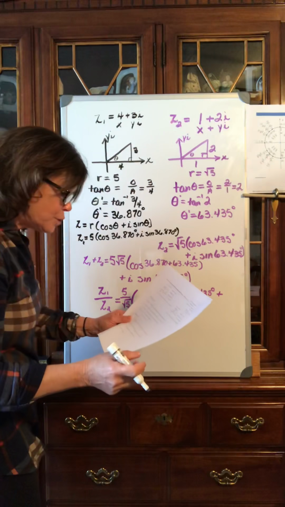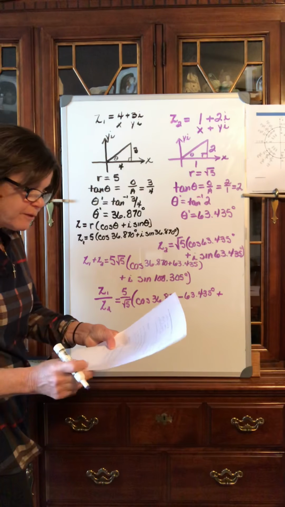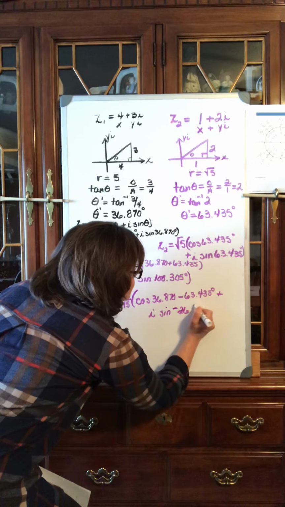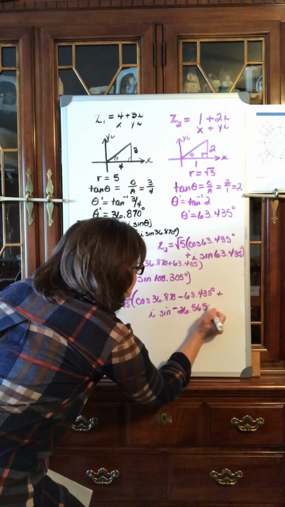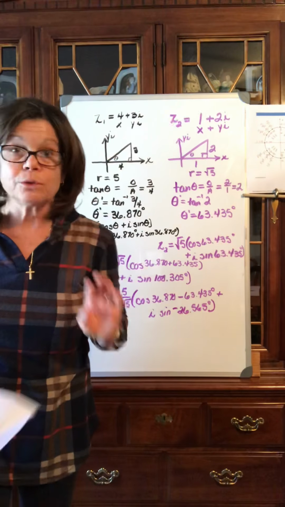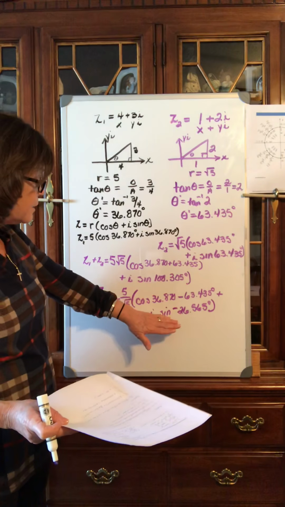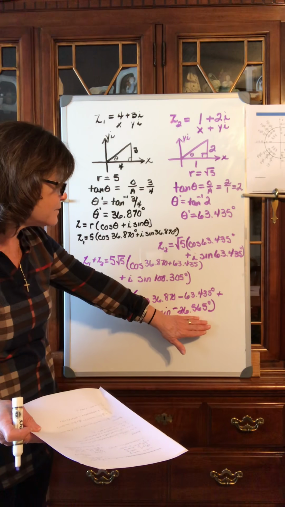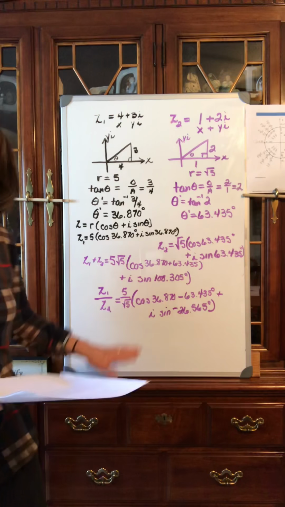When you do that subtraction, you get a negative 26.565 degrees. Then you have to go to your calculator, you have to do the cosine of the negative 26.565 degrees, and then distribute your 5 radical 5.